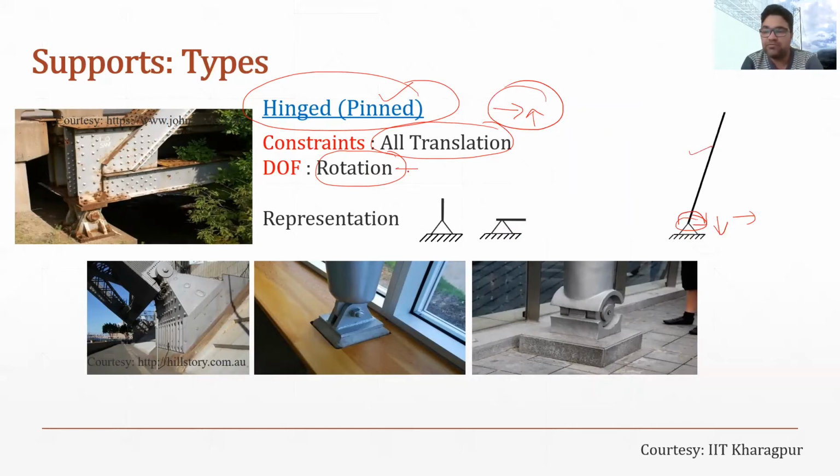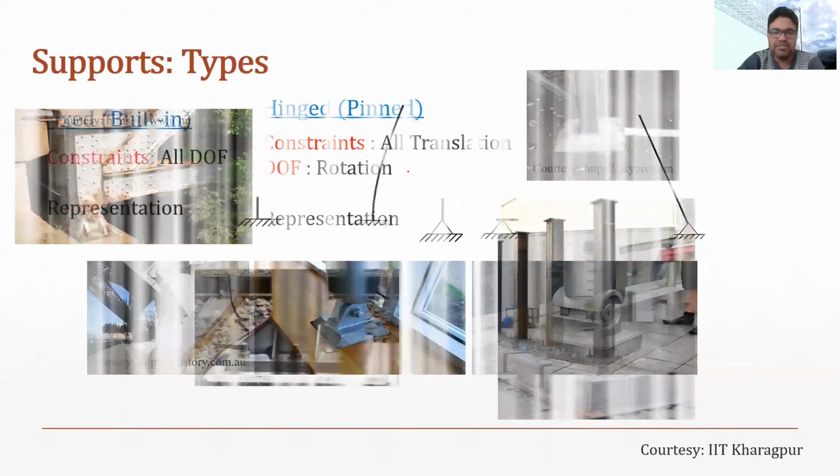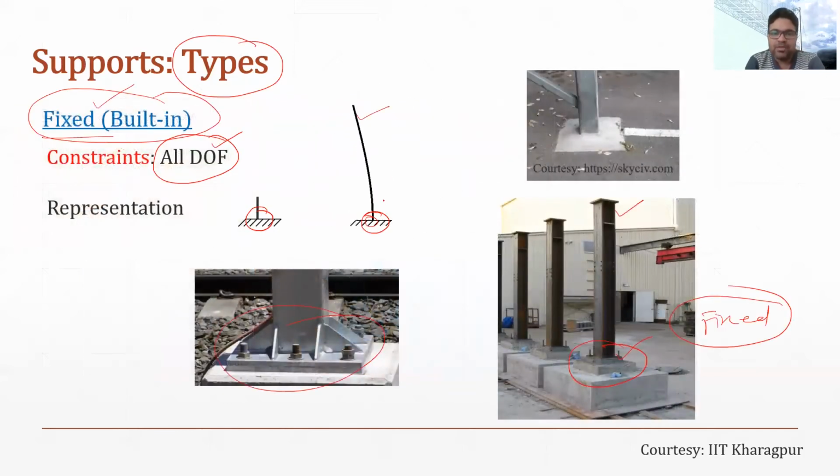If I show you the previous slide, the fixed support is offering reactions like this. A vertical reaction is offered by this support, a horizontal reaction is also offered, and at the same time it also offers the moment reaction. So if this body is trying to rotate from this joint, it will not allow its rotation.